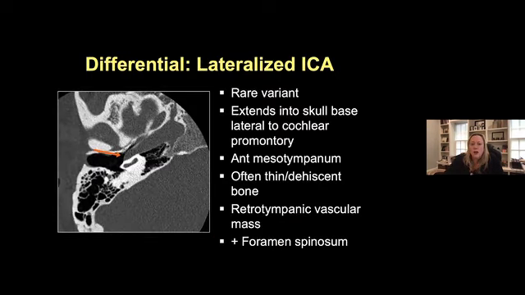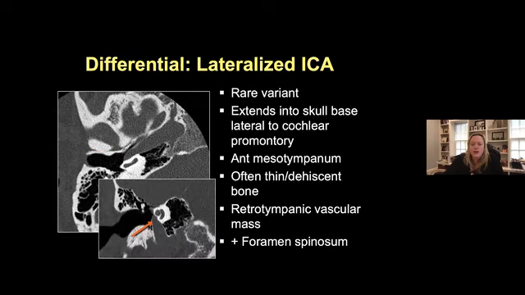So moving on to another etiology for a cherry red mass behind the eardrum on exam that causes pulsatile tinnitus: a lateralized internal carotid artery. This is a really rare variant in which the ICA extends to the skull base lateral to the cochlear promontory. It passes through the anterior middle ear in the mesotympanum at the level of the external auditory canal. And it can be associated with really thin or dehiscent overlying bone.